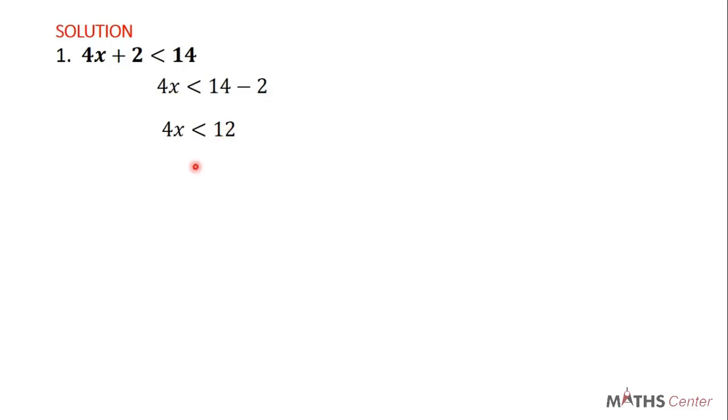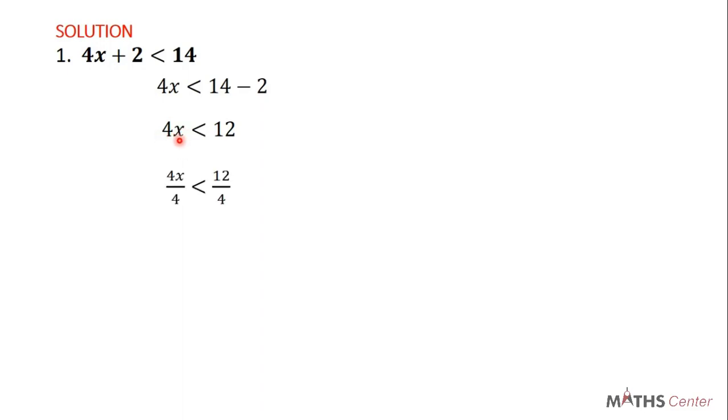In linear equations, we said that when you get to this stage, you divide through by the number attached to x. You do the same thing here. So here the number attached to x is 4. So you divide through this inequality by 4. So you divide both sides by 4.